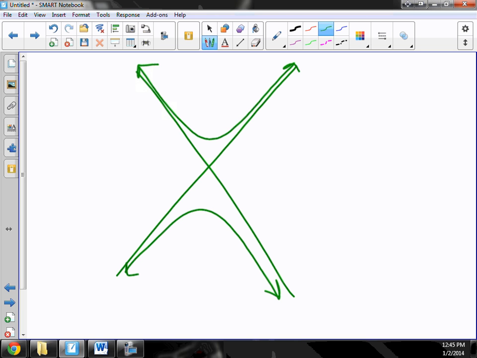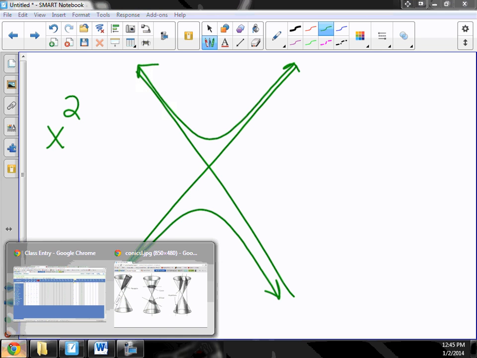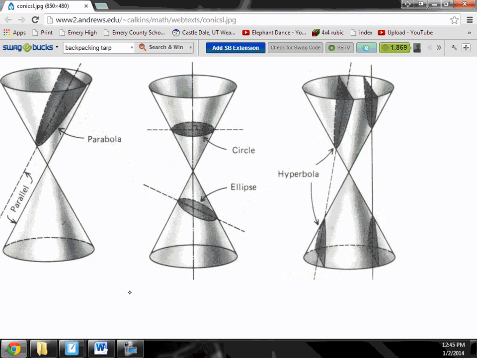Well, all conic sections are based on the graph of x squared. All of them. Now, you can get really technical. Go back to that page. You could say, oh, well, if I draw a plane right through the middle, then the intersection is a single point. So you could claim that a point is a conic section, but we don't.